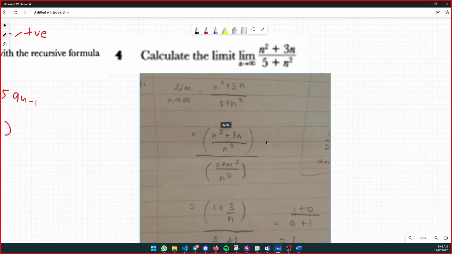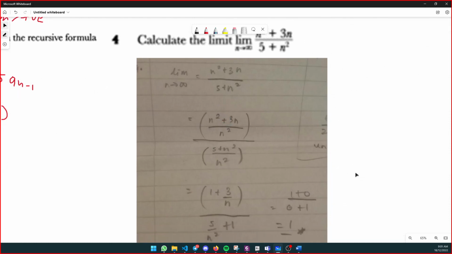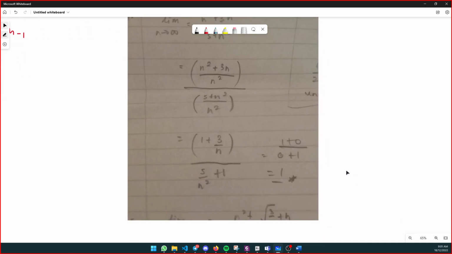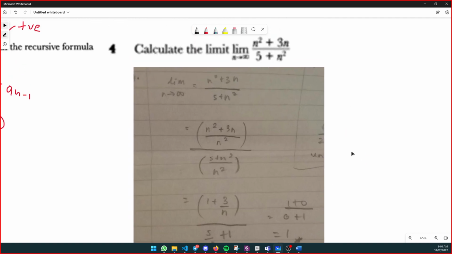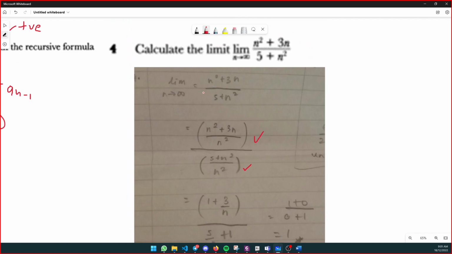Divide by n, divide by n, 1 over 3 equals 1. Yep. Okay. This is good. Good job. Okay. Basically just divide by n.